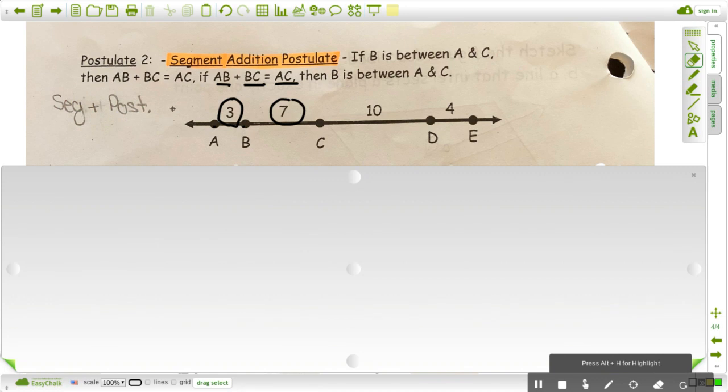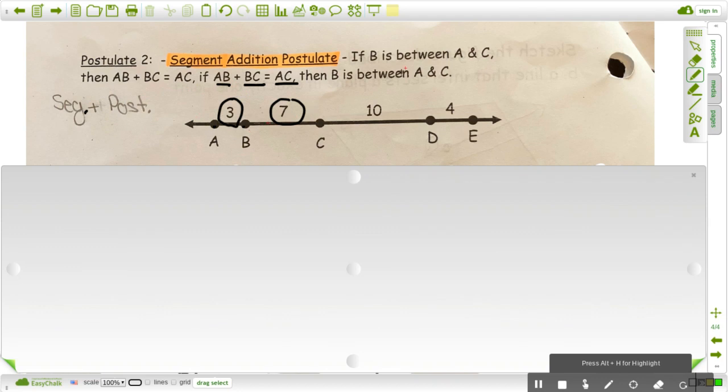And you can also write it in shortcut. I write it like this. Segment. You can add a dot right there. Addition. The actual symbol. Post. But that's a shorter version of saying postulate.